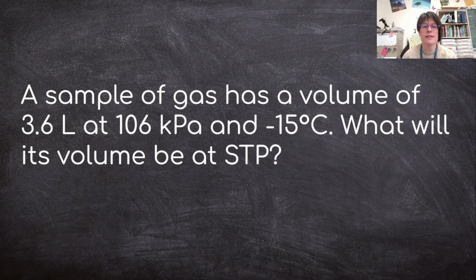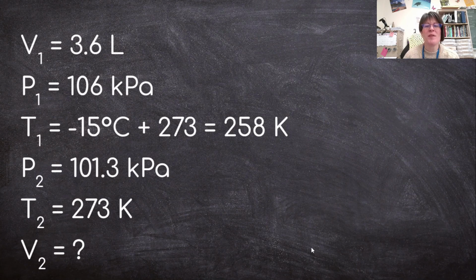A sample of gas has a volume of 3.6 liters at 106 kilopascals and negative 15 degrees Celsius. What will its volume be at STP? Remember, STP is 0 degrees Celsius, or 273 Kelvin, and 101.3 kilopascals.